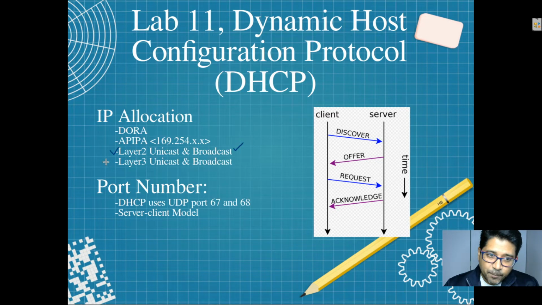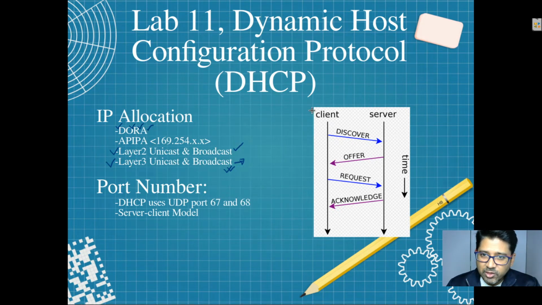In the same way, in packet formation, we will see how DHCP forms the unicast request for layer 3 as well as the broadcast, and at what process. In DHCP we have a process called DORA: discovery, offer, request and acknowledge.